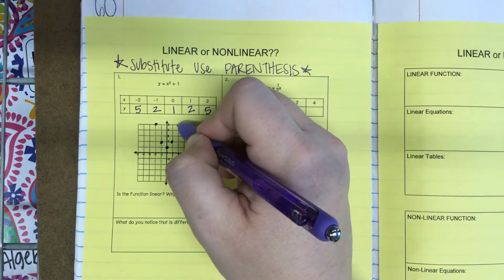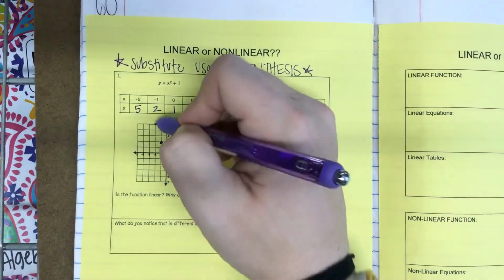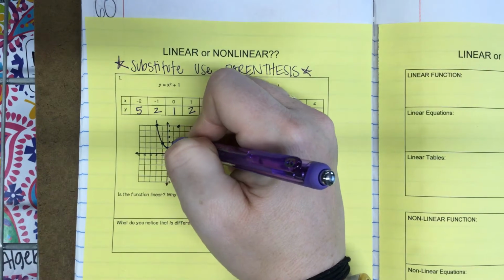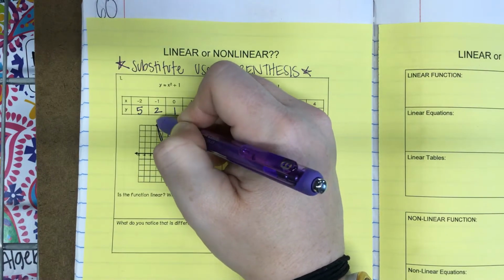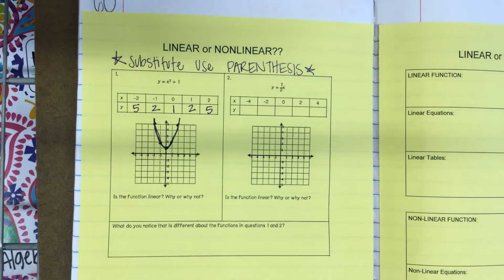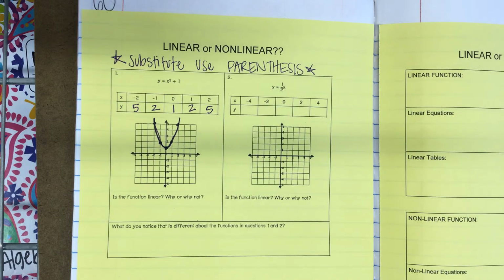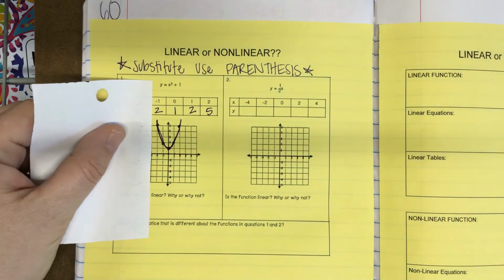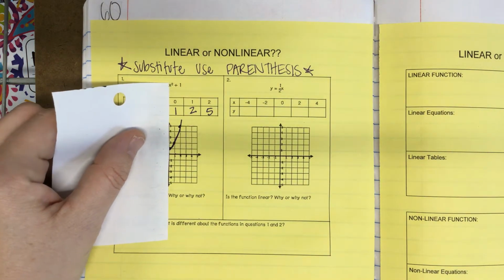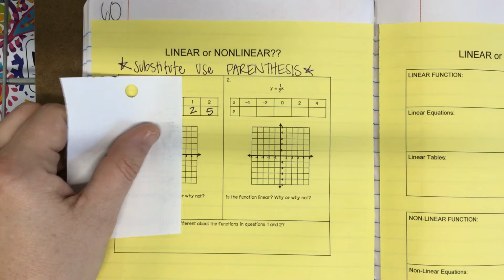And 2, 5. Is it a function? Yeah, it's a function. Can you do the vertical line test? Yeah. It's a function. If I go across it vertically, I only hit one dot at a time, one ordered pair at a time. Yes, it's a function.